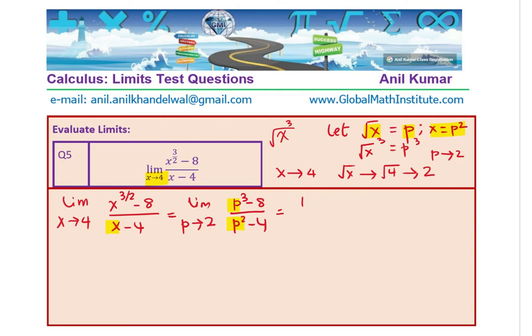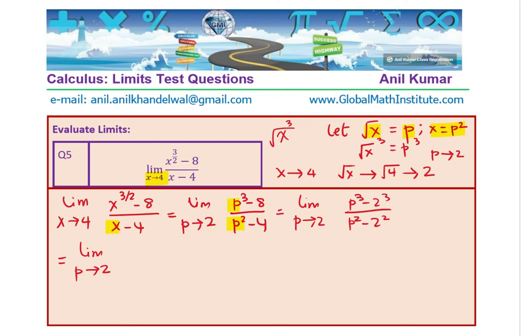So in the numerator, we have p cube minus 2 cube, as we had seen earlier, and here we have p squared minus 2 squared. We can always factor this and get the result, correct? So let me rewrite this with limits. So we have limit p approaching 2, p cube minus 2 cube divided by p squared minus 2 squared. So that is equivalent to limit p approaches 2.